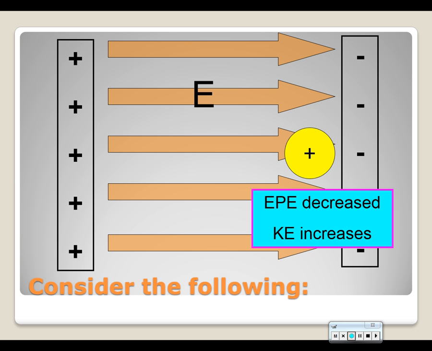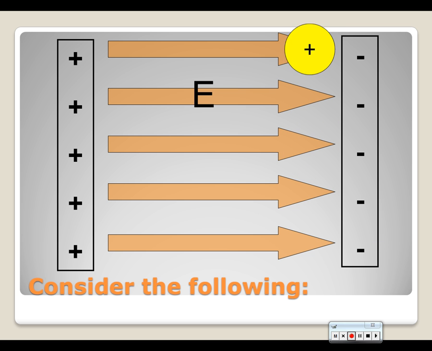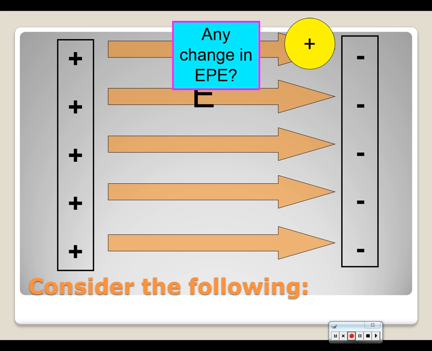How about this? Have we changed the energy at all? No. It's not any closer to the positives. It's not any farther from the negatives. That is no change in the electrical potential energy. How did we move that object?